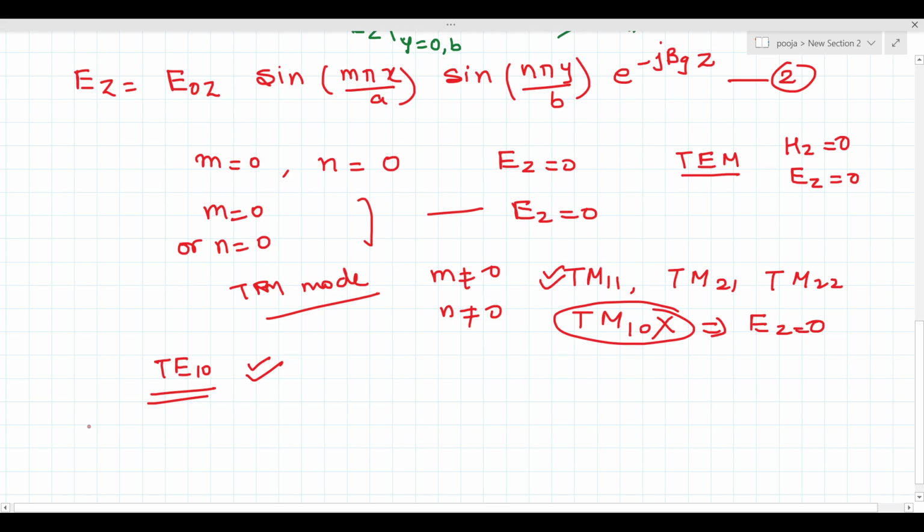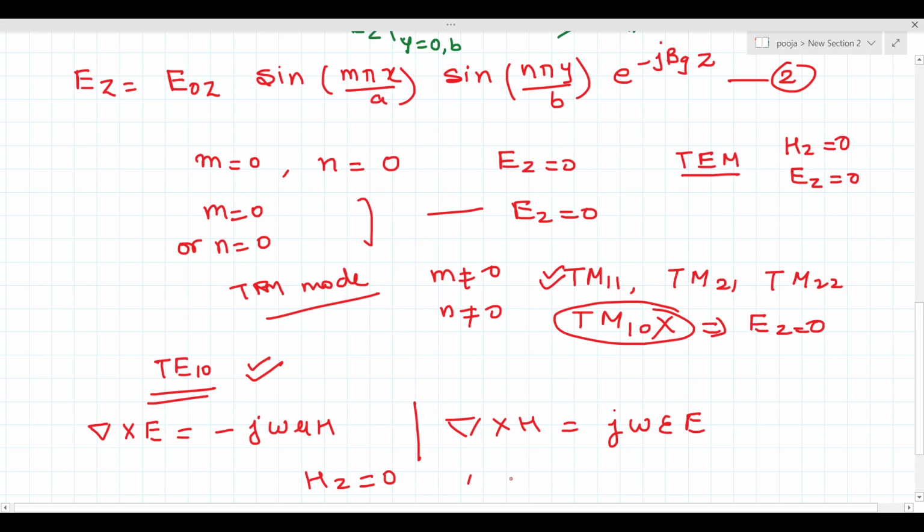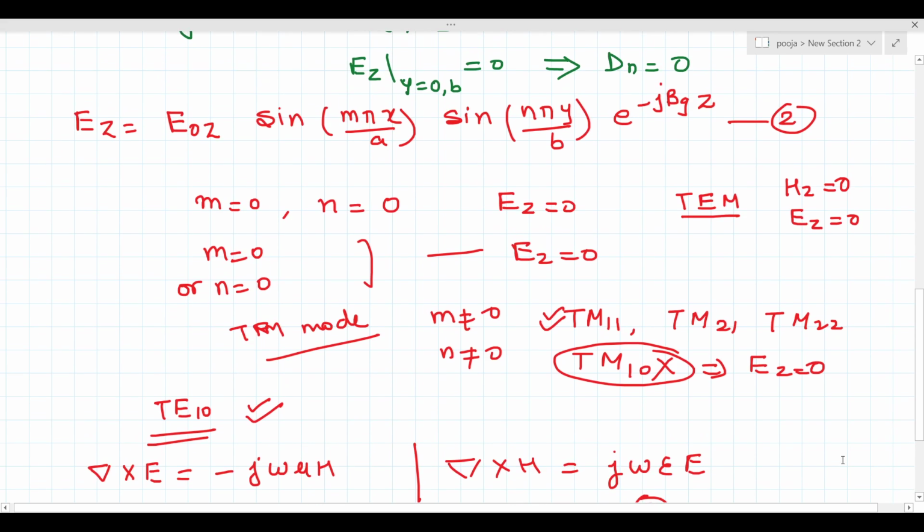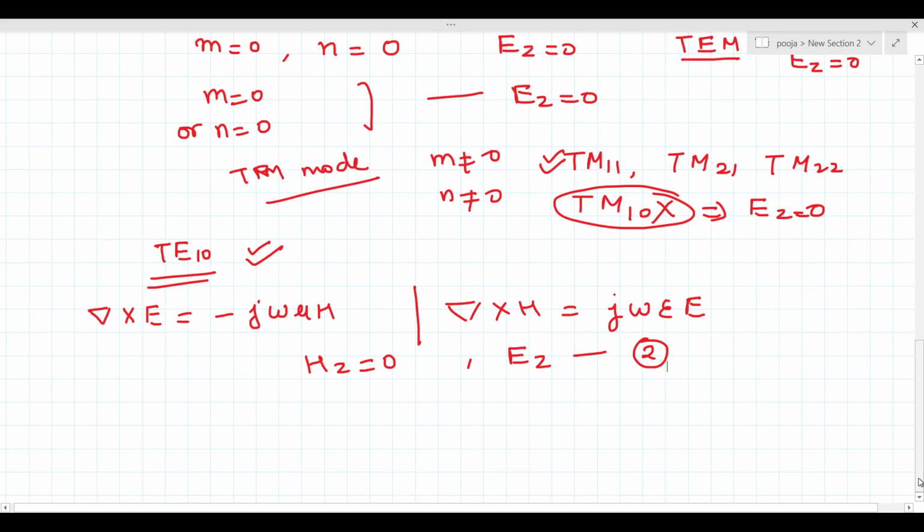In TE mode, we solved two equations: del cross E equal to minus j omega mu H, and the second Maxwell equation, del cross H equal to j omega epsilon E. We already have Hz equal to 0 and we get the value of Ez through equation number 2. After applying all those conditions, we can solve for the values of Ex, Ey, Ez and Hx, Hy, etc.